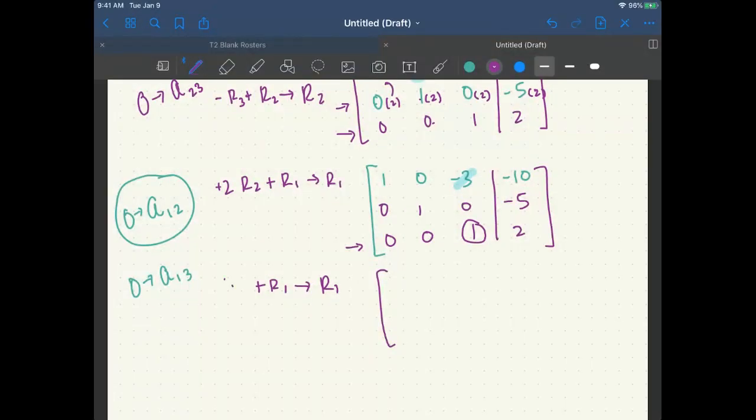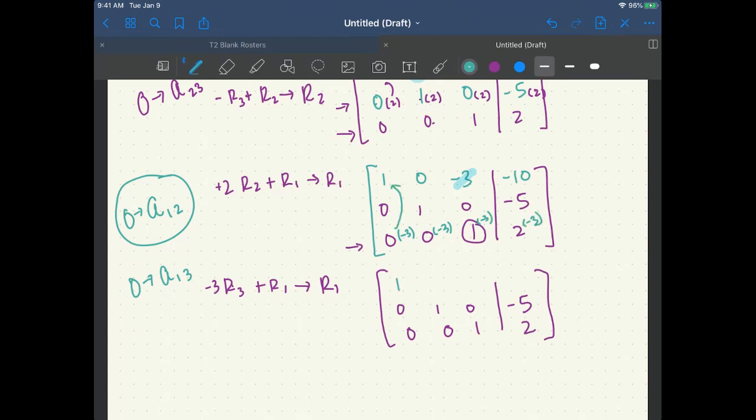So row 3 times negative 3 added to row 1. I go ahead and write all the rows that are not going to change so I don't mess it up. So row 2, row 3, and then row 1 becomes times negative 3. 0 plus 1 is 1.